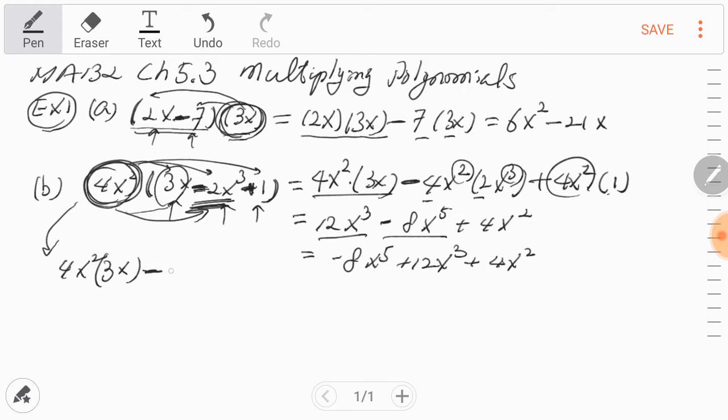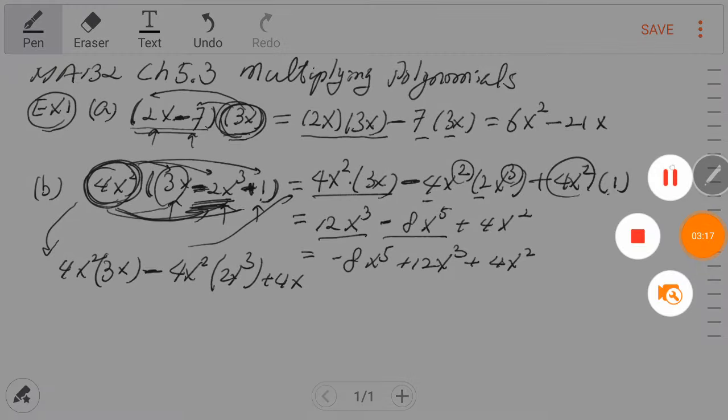So put the negative sign, 4x squared and 2x cubed. Then multiply 1 by this, then plus 4x squared. So actually this is equal to the same result, and then simplify. Okay, let's try the next example.